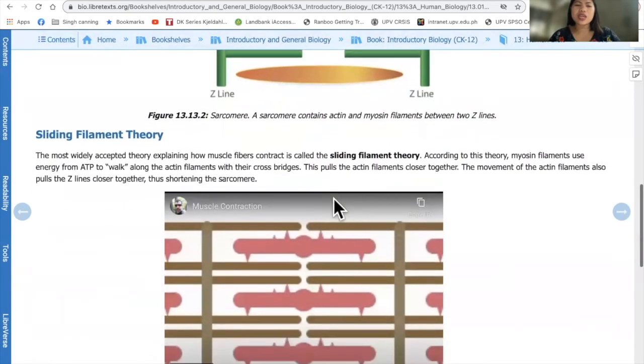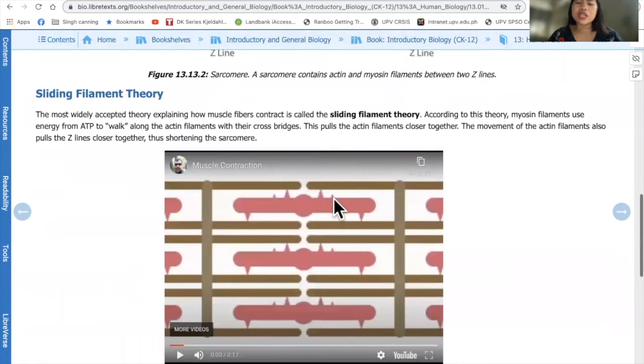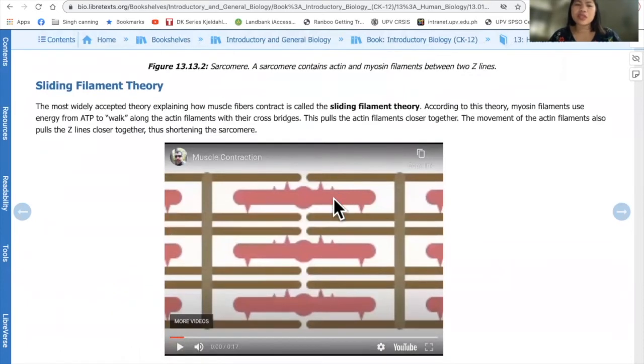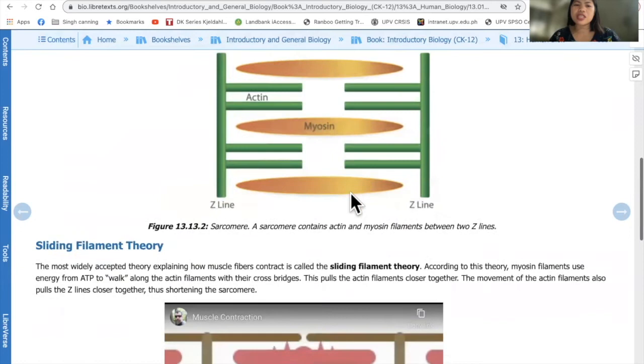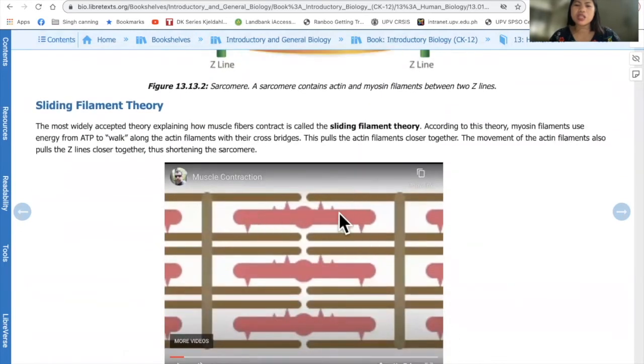Under sliding filament theory, myosin filaments use energy from ATP to walk along the actin filaments with their cross bridges. So again, this is your myosin and the brown thing is your actin.